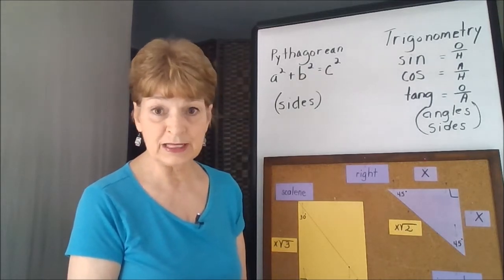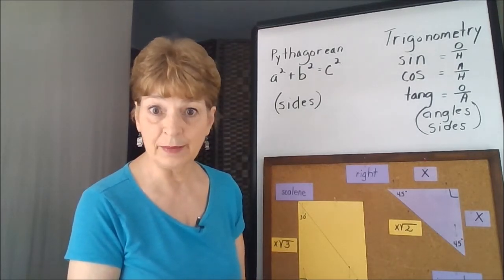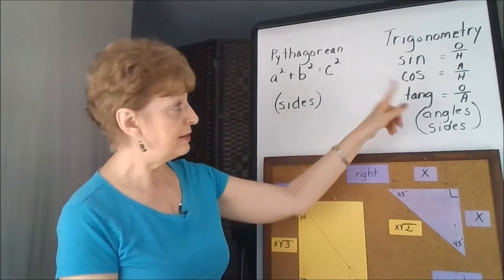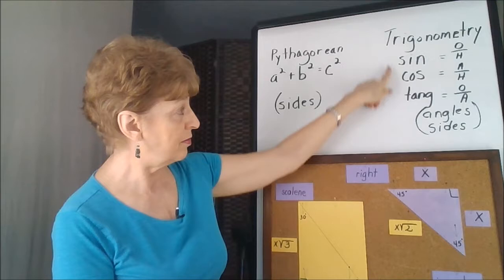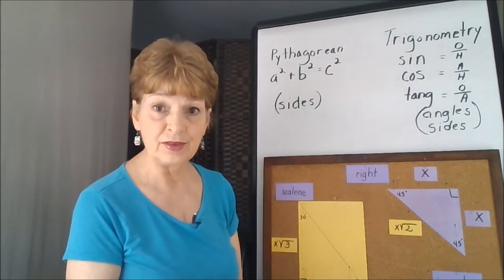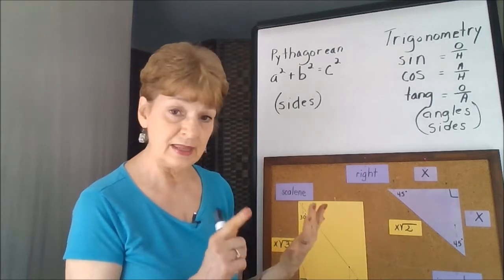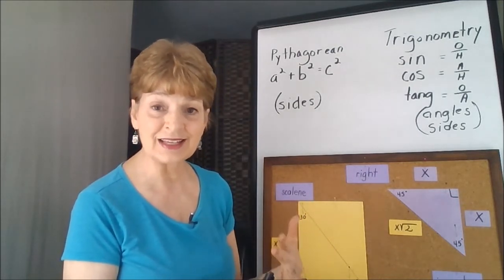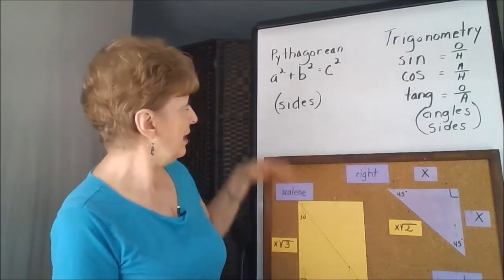So triangles must be an important part of geometry. In fact, Pythagorean and the trigonometric functions, those also dealt with figuring out the degree angles in a triangle and the measure of the sides of a triangle.